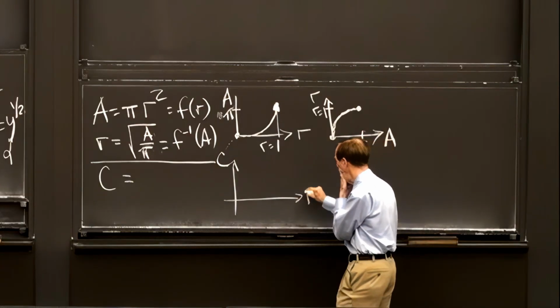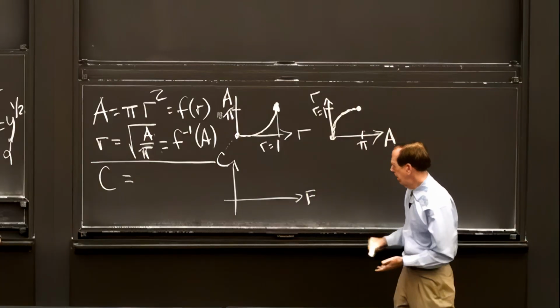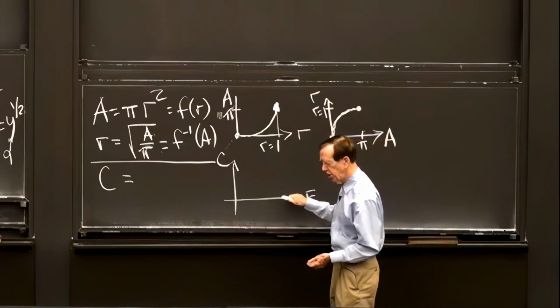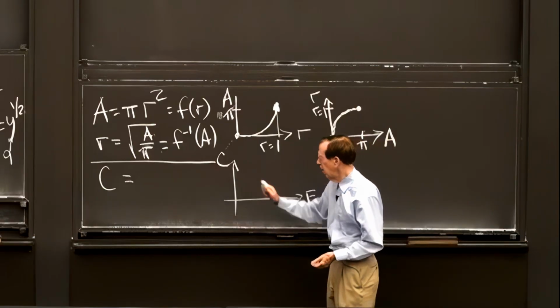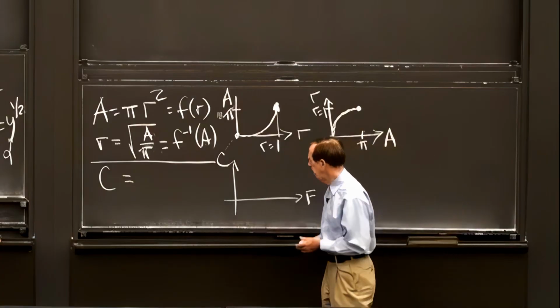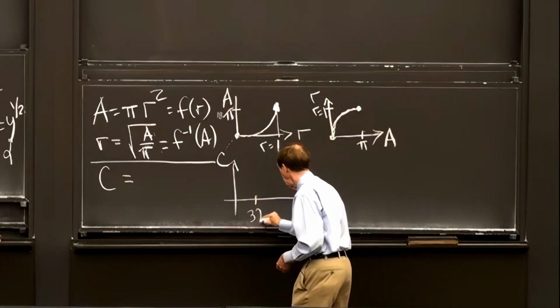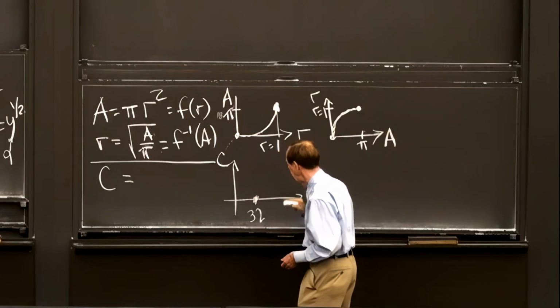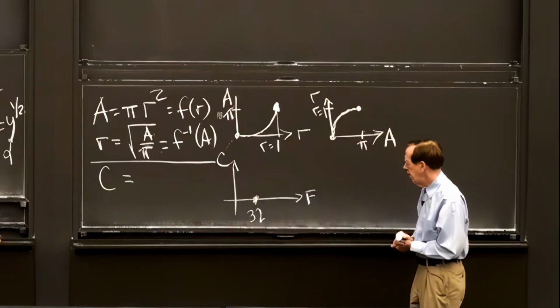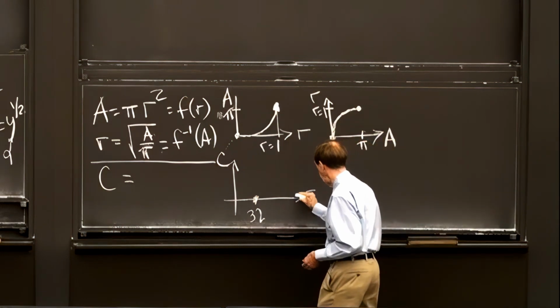Do you remember how they're connected? Here's F, and we'll start with the freezing point of water. The freezing point of water is 32 Fahrenheit, but it's 0 centigrade. That's why that system got created. So F equals 32, C equals 0. That's on the graph. And then what's the other key point? The boiling point of water.